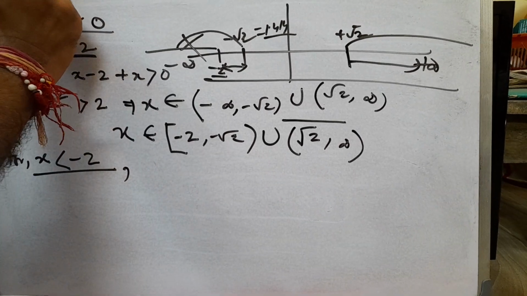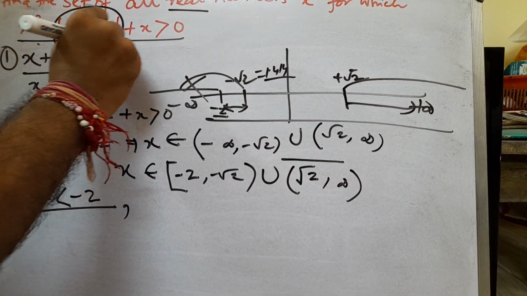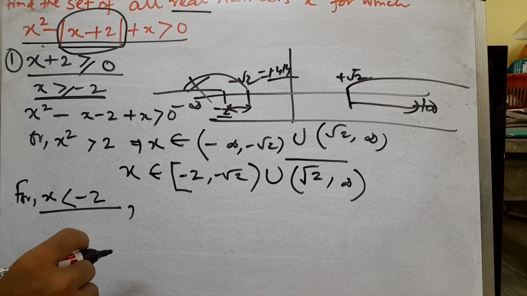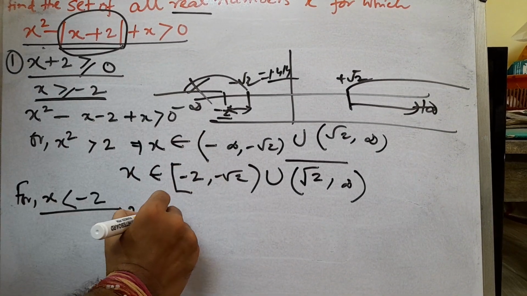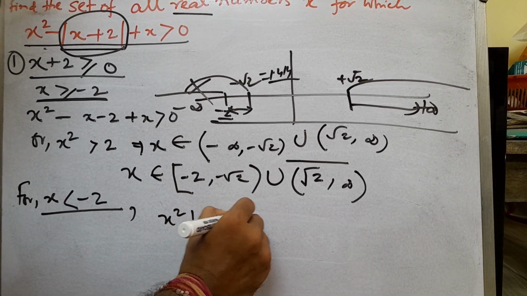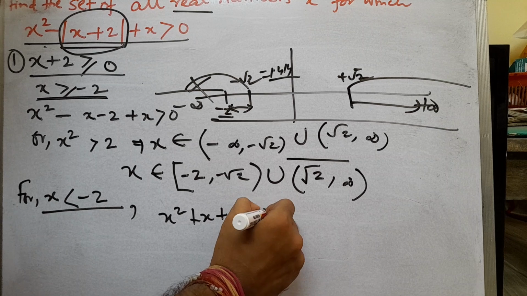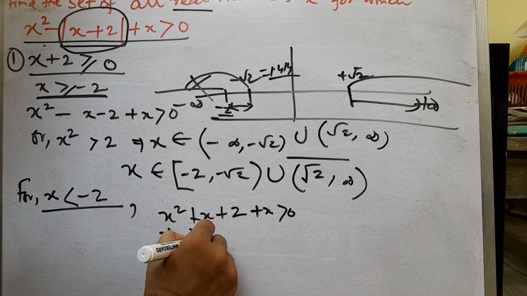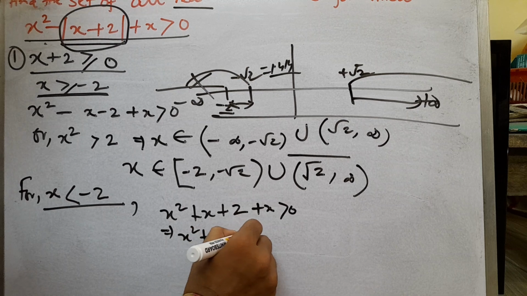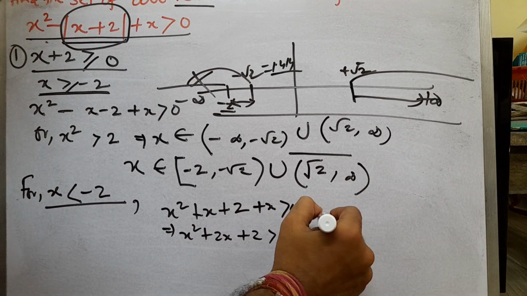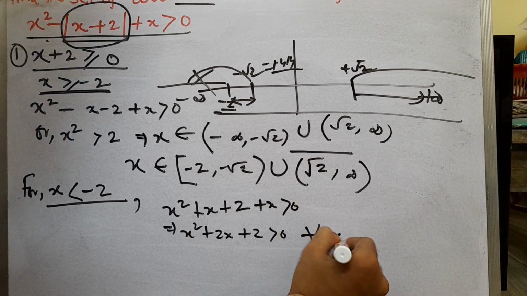you know that this mod means positive as well as negative value. Okay, when x is less than minus 2, then x square plus x plus 2 plus x greater than 0, then x square plus 2x plus 2 greater than 0 for all x.